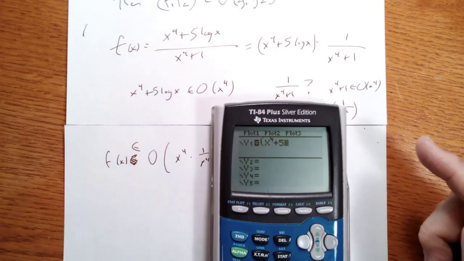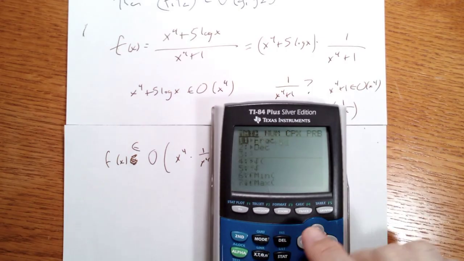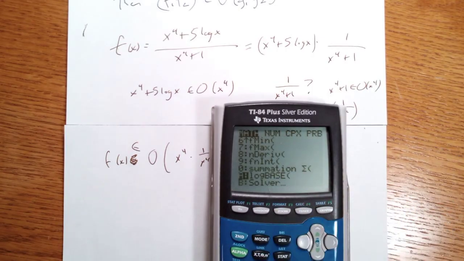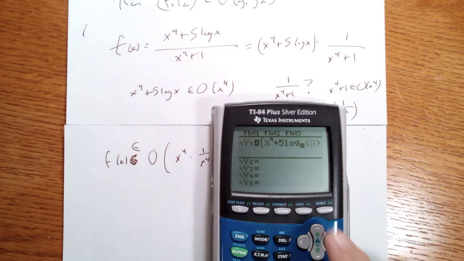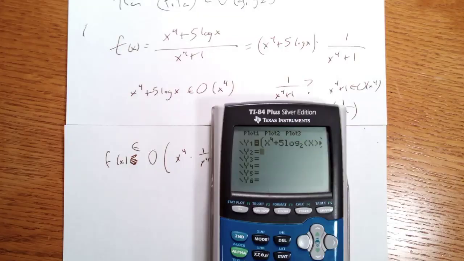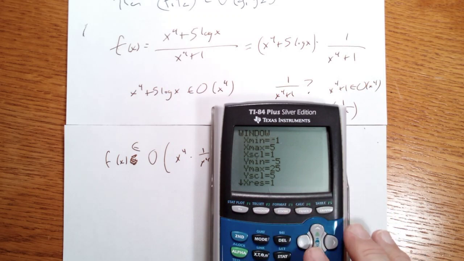Now, if I want to use log base 2, I can go to the math button, and way down here at the bottom, there is a log base 2 of x over parentheses x to the fourth plus 1. So there's my function. Now we'll graph this. But since I think this is going to have a horizontal asymptote, I'm going to graph this on a much smaller y window.